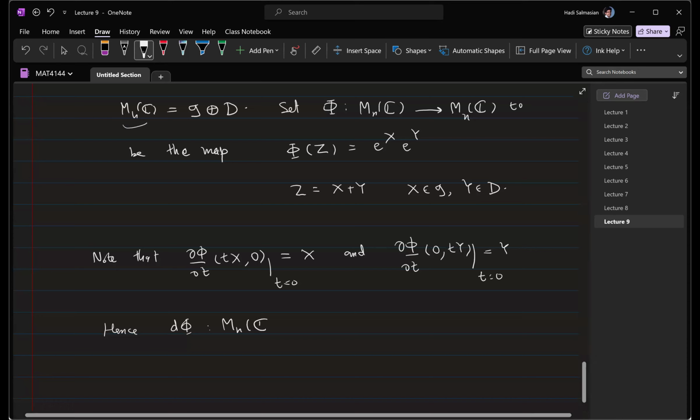So I'm doing calculus again, right? You should recall your multivariable calculus. And the claim is that this is the identity map. So clearly phi is smooth.